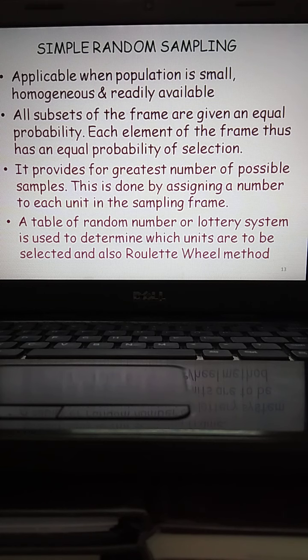Extensively, if you want to understand, there are two types of simple random sampling methods, SRS methods in short: simple random sampling with replacement, that is SRS-WR, and simple random sampling without replacement. So these are the two different types of simple random sampling methods.